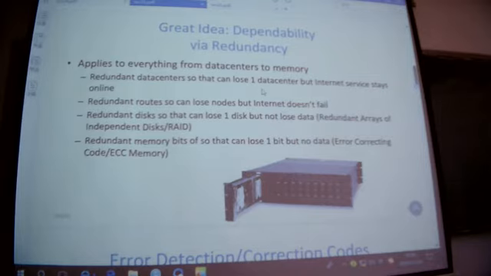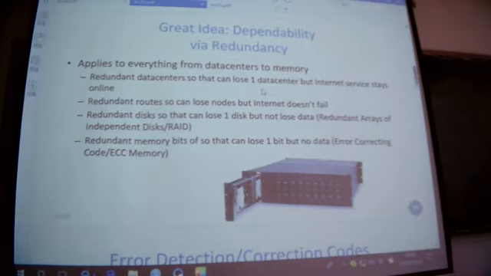Redundant loops, so we can lose a node but the internet doesn't fail. So the internet is powerful. The structure of the internet is very complex. Because of this complex structure, redundant loops are useful.